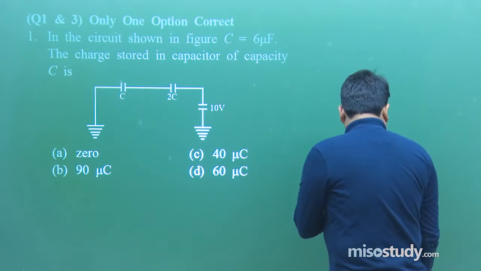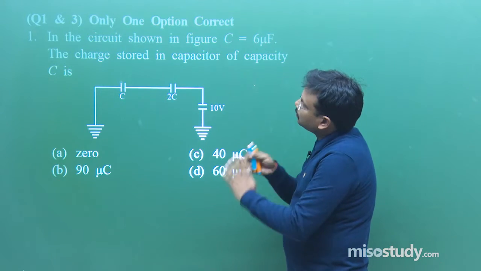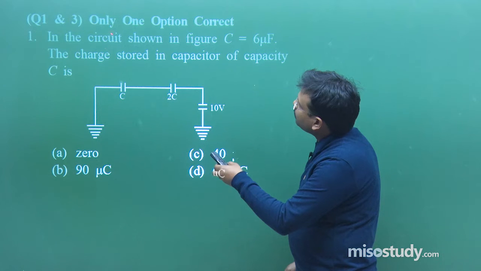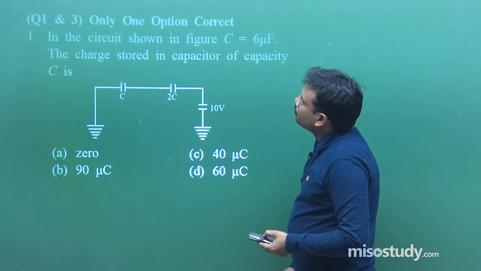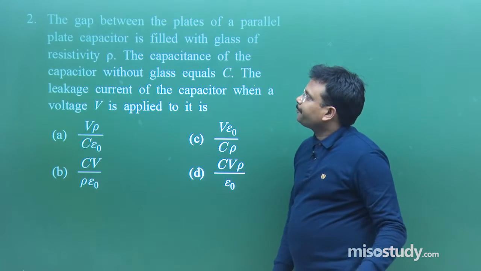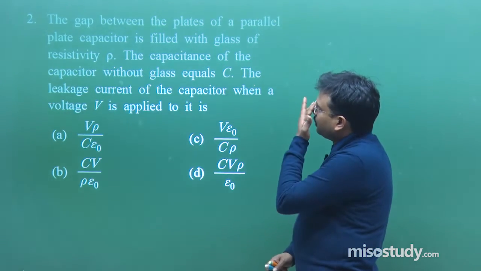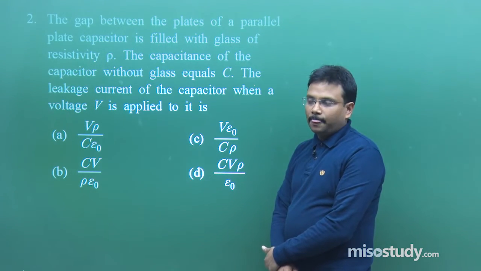Then comes question number 2, which is in the same category, that is only one option is correct. Fine. So, the gap between the plates of a parallel plate capacitor is filled with glass of resistivity rho.